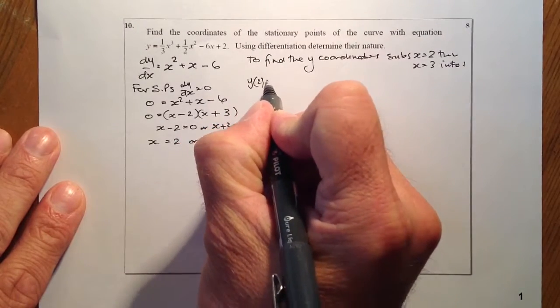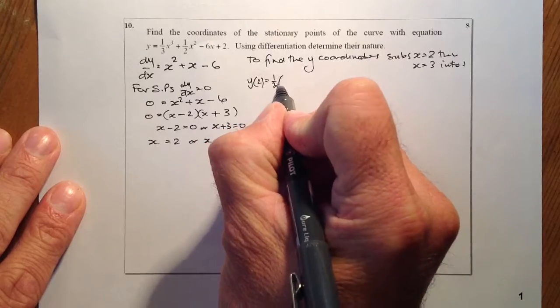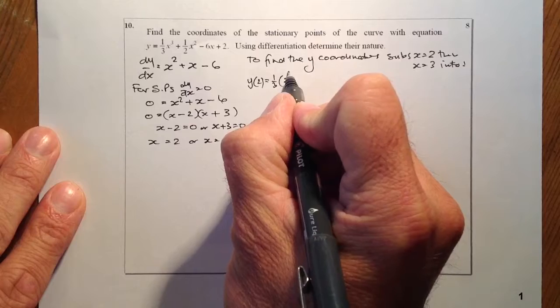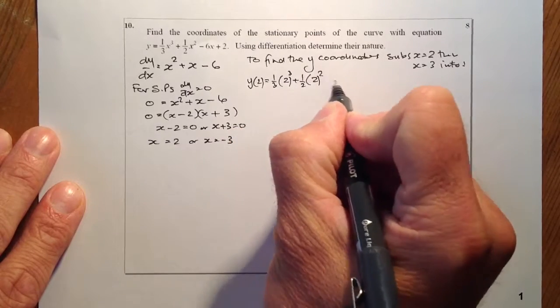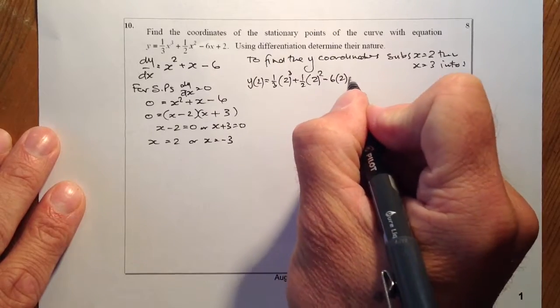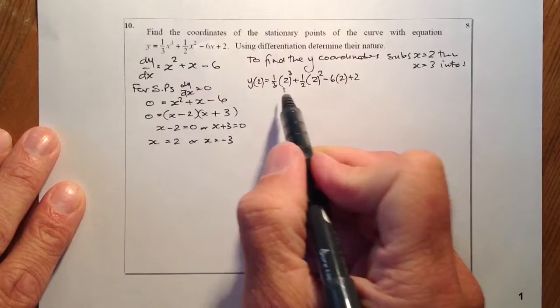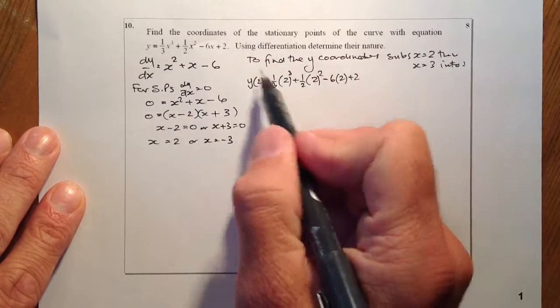So I'm going to go for y. I'm going to substitute a 2 in, so that's going to be 1/3 times 2 cubed plus a half times 2 squared minus 6 times 2 and plus 2 at the end. So just substituting wherever I see x, I'm going to put the x equals 2 in there.